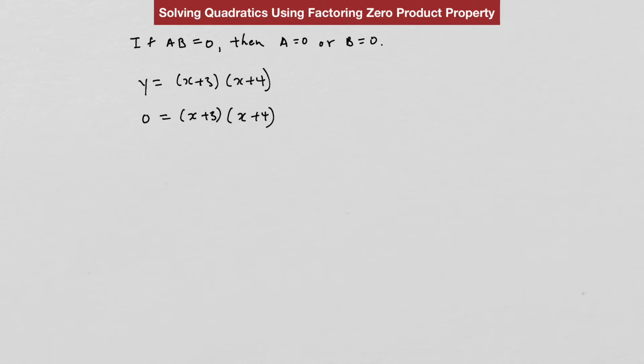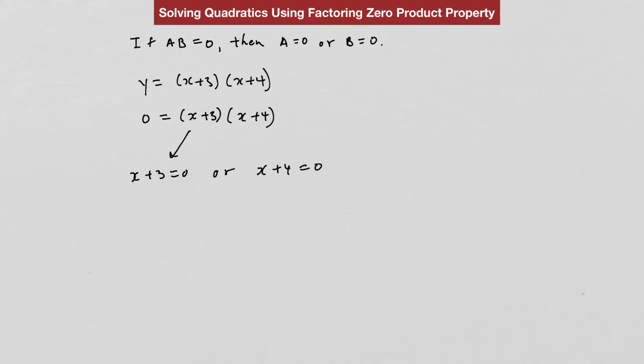What this means is either the x plus 3 has to be 0 or x plus 4 is equal to 0. So to do this, we set each one of them to 0. Okay, x plus 3 is equal to 0 or x plus 4 is equal to 0.